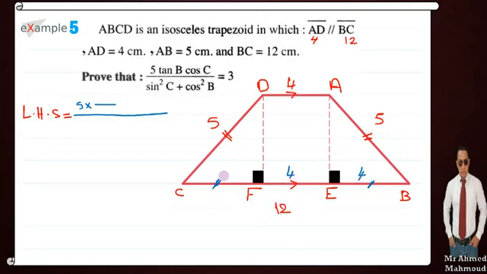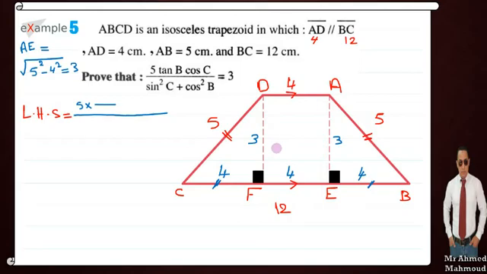Then BE equals 4 and CF also equals 4. Now to find AE, it equals the square root of 5 to the power of 2 minus 4 to the power of 2, which equals 3 centimeters. So AE equals 3 and also DF equals 3.